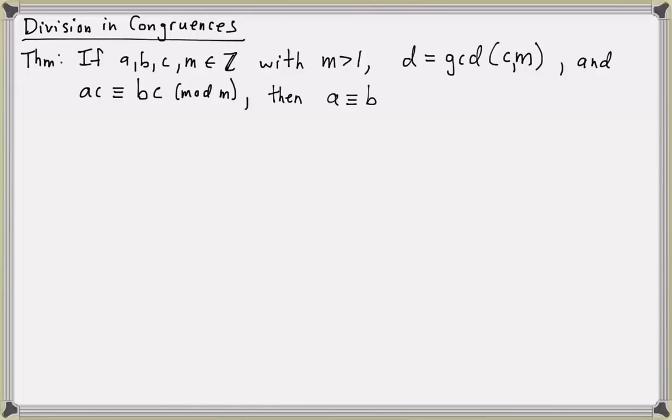So if I cancel or divide both sides by c, then a is congruent to b, but I have to change the modulus to m divided by d. So if we divide both sides of a congruence by a divisor of the modulus, then we'll have to divide the modulus as well. So let's look at the proof.